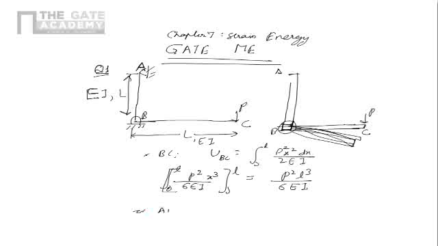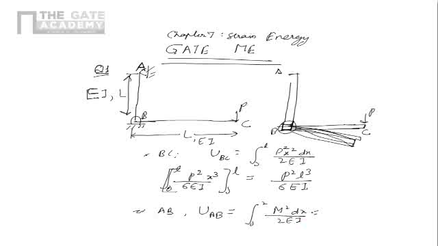For AB, now let's see. At AB, the point B cannot translate down. It will only have a rotation. So it will transfer the moment, but it will not be able to transfer the force. So for AB, there is a constant moment acting which is equal to PL. So for AB, the strain energy is nothing but the integral from 0 to L of M² dx upon 2EI.